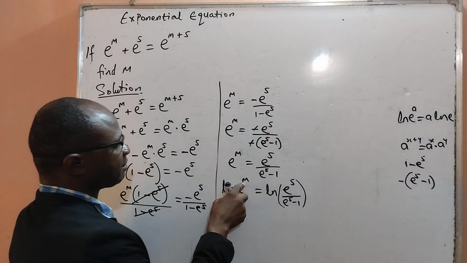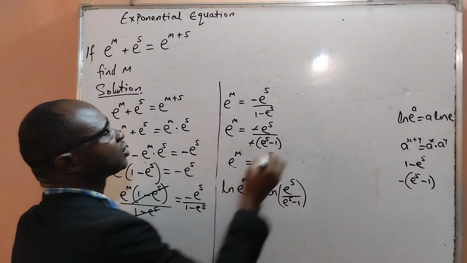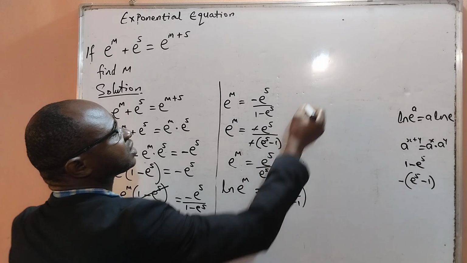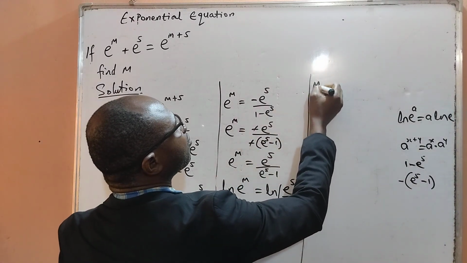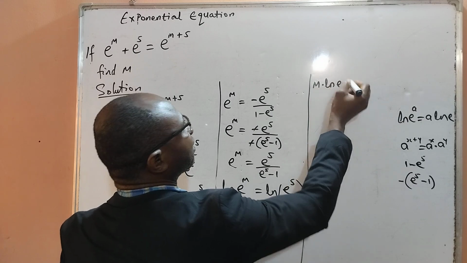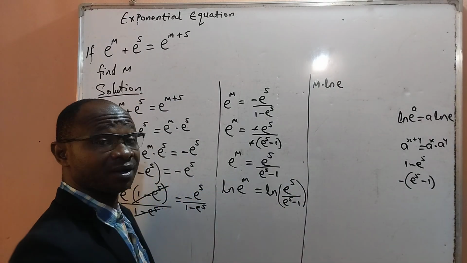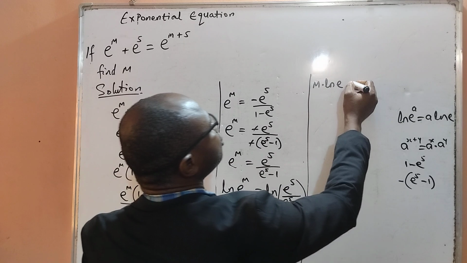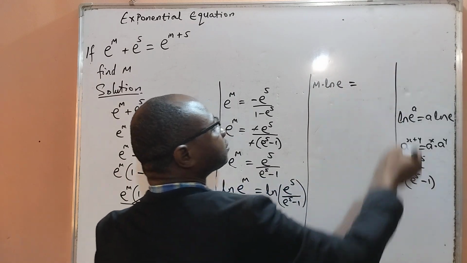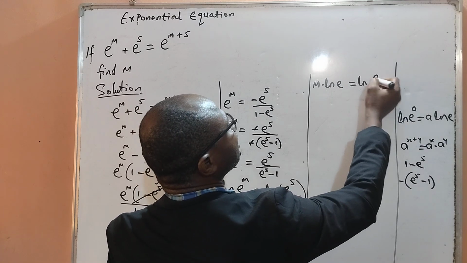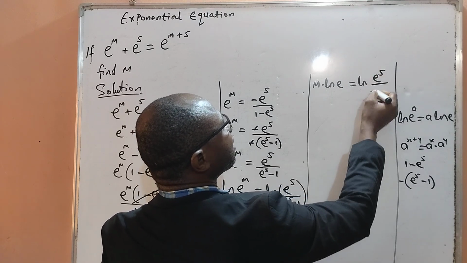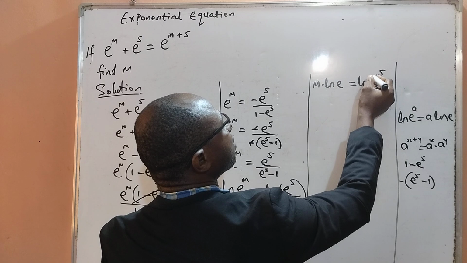Meaning that this n will come to the front to give me n multiplied by ln e, the natural logarithm of e, equal to ln of e raised to the power 5 over e raised to the power 5 minus 1.